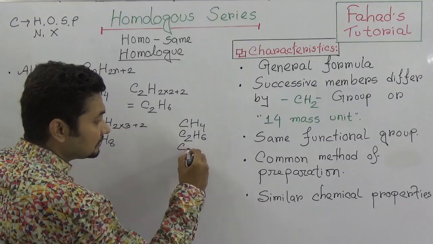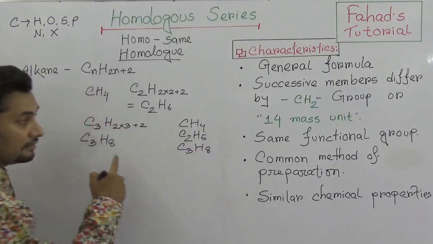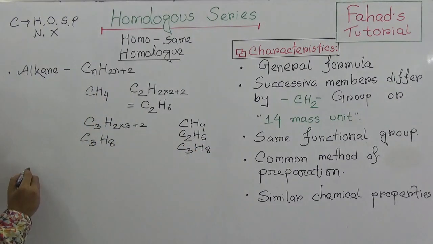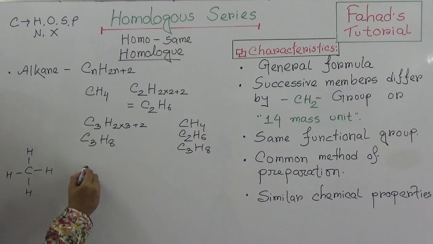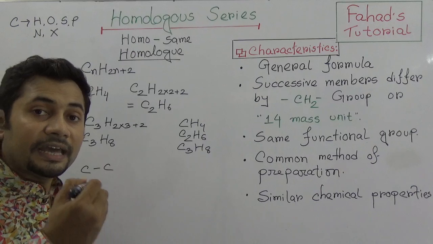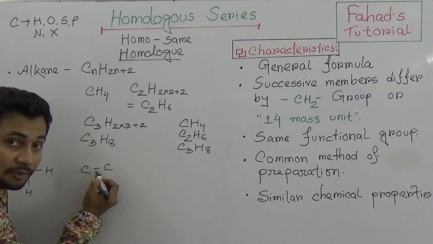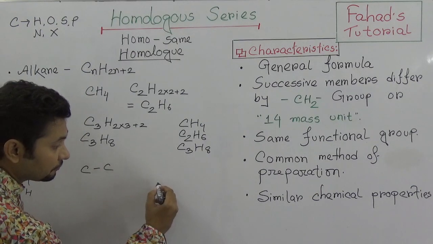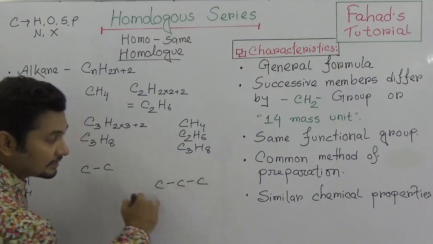Now look closely: CH4, C2H6, C3H8. The formula is like this, and the carbon and carbon are joined together with a covalent bond, and this type of bond is called a sigma bond. In case of propane, it should be like this.